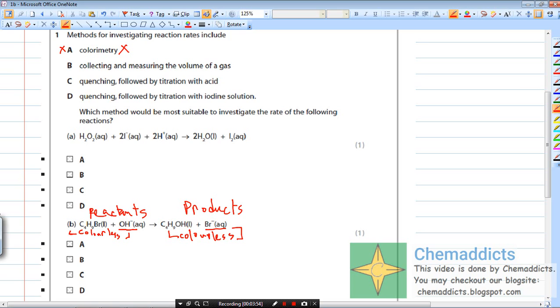Since the reactants as well as the products are colorless, it is worthless to carry out colorimetry to investigate the reaction rate. So option A is cancelled. It is invalid for this situation.